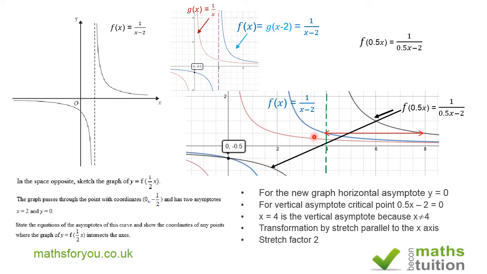So now, if you take the original graph given to us there, for a given y coordinate, the x coordinate in the transformed graph is doubled, because at this point x is 2 in the original graph given to us in the question.